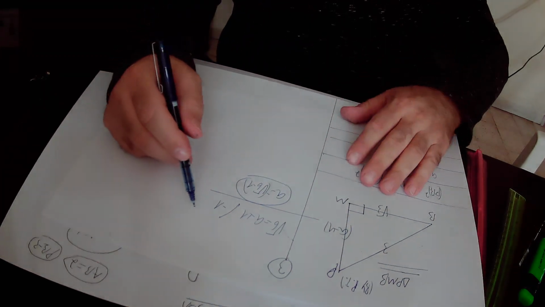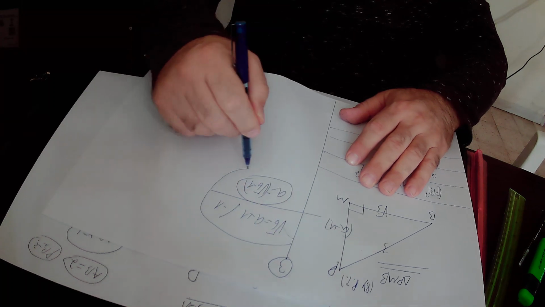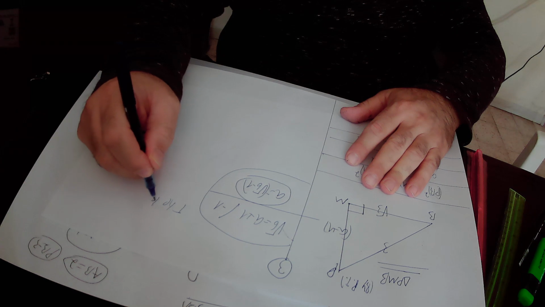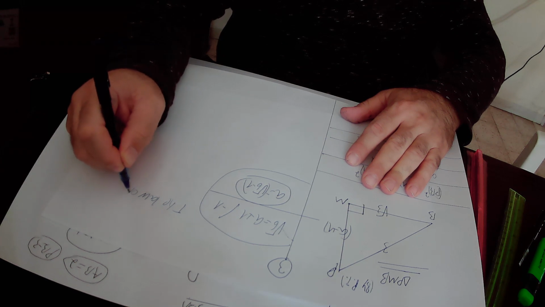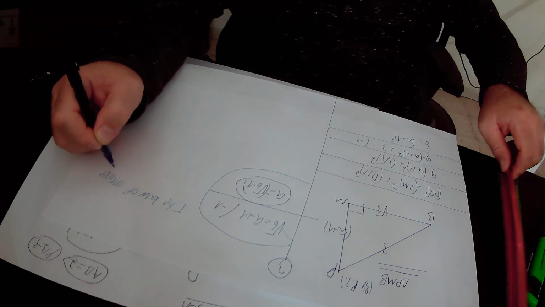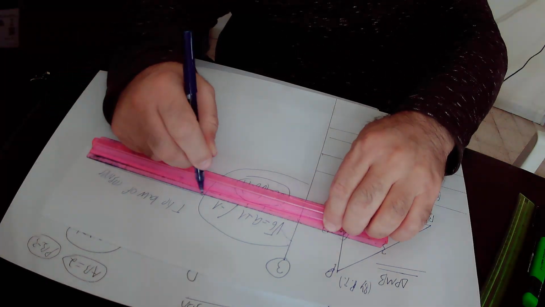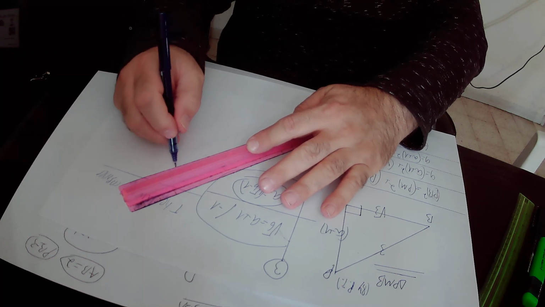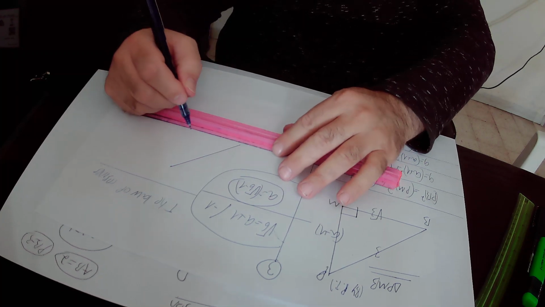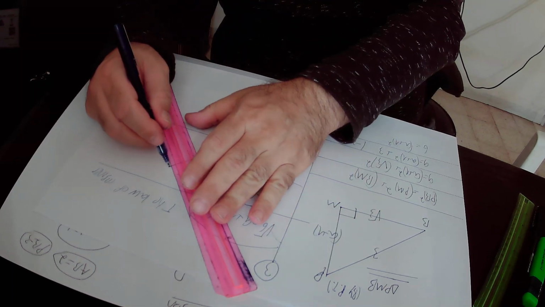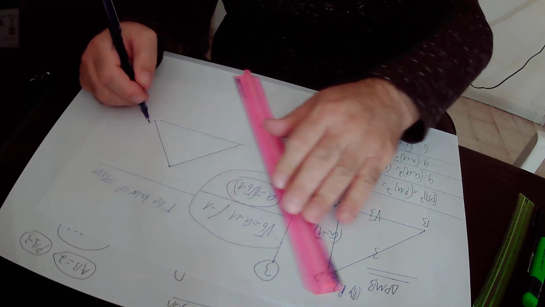The law of cosines is true in any triangle. So if we have triangle ABC, that could be any triangle.